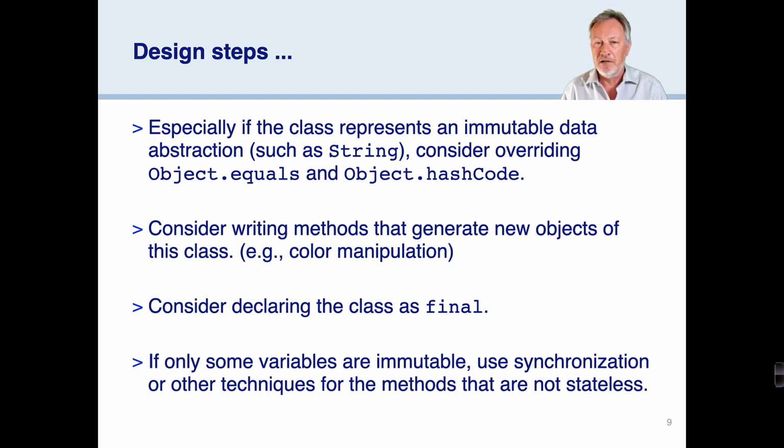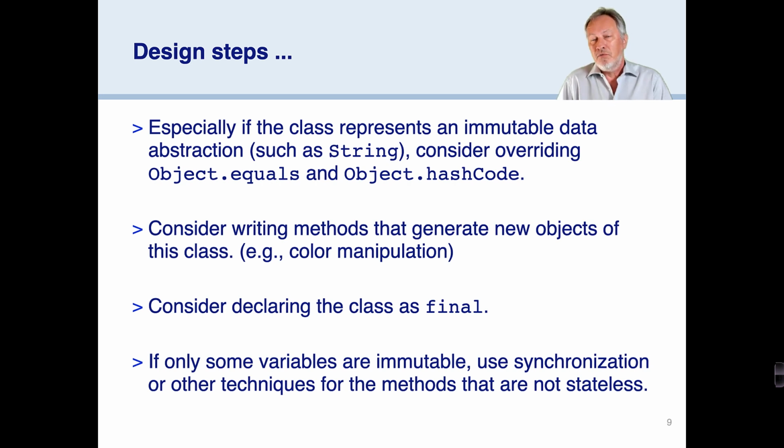It tests for identity. But if you really want to know whether two objects represent the same value, for example, two string objects, they may not be the same object, but they may contain the same set of characters in the same sequence. In that case, the string.equals method must be overridden and re-implemented to test whether the two objects represent the same strings, even though they may be two separate objects.